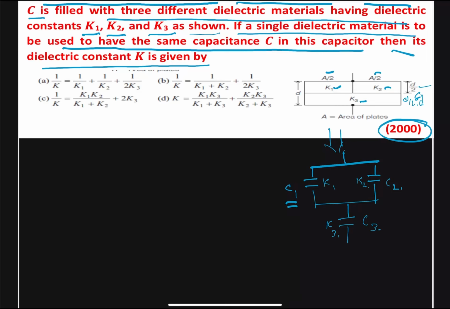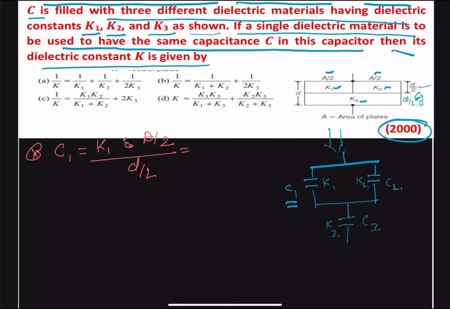Therefore we can write that C1 will be equal to K1 epsilon naught, area A by 2, and the distance is also D by 2.